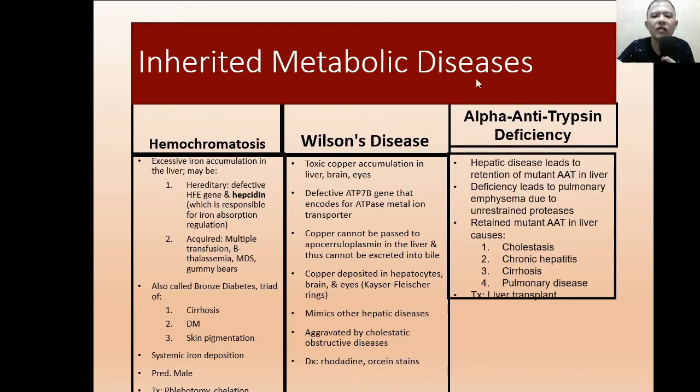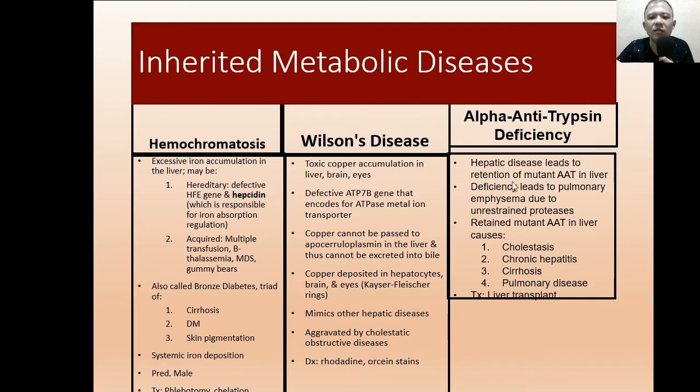Antitrypsin is an enzyme that combats trypsin, and trypsin, by the way, is the one responsible for emphysema, pulmonary emphysema. So we need antitrypsin to combat the effect of trypsin.